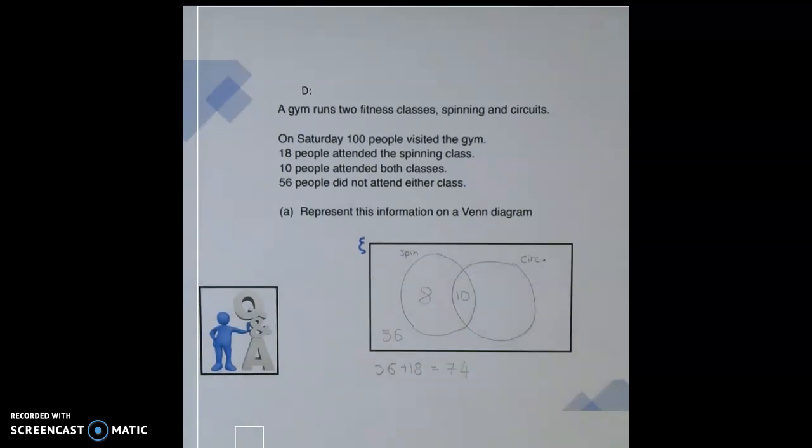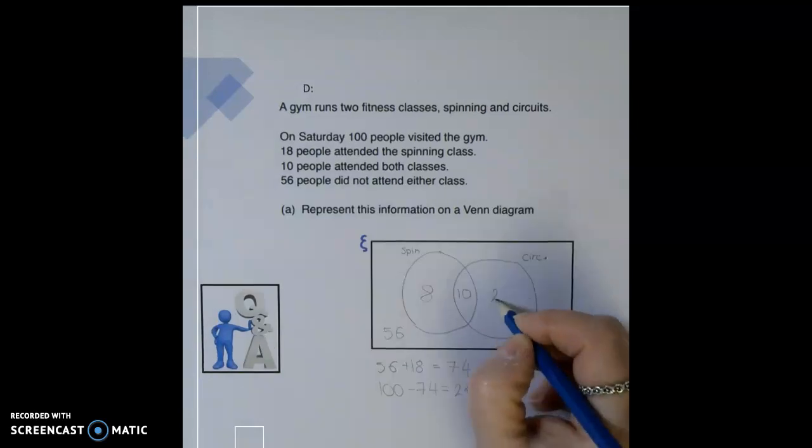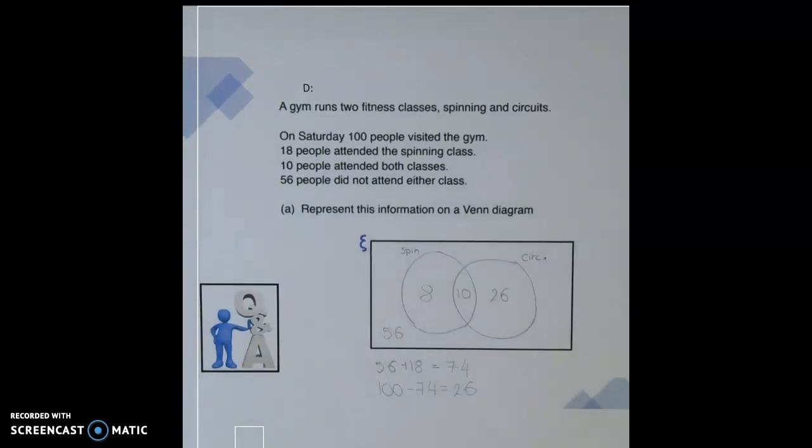And we know 100 people went to the gym. And we already know what 74 of them did. So if we take that away from 100, that would give us 26. So we're left with 26 people. So therefore, 26 people must have done the circuits only.